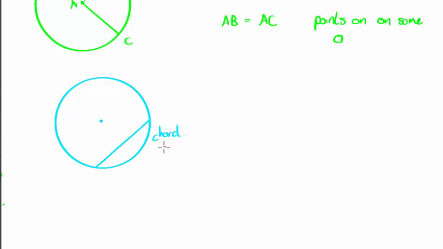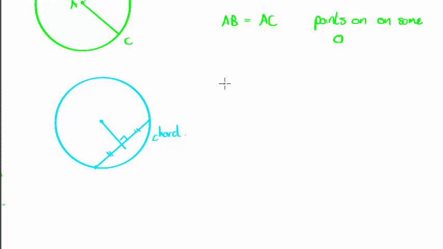A chord is a segment between any two points on a circle. If I now take a line from the center of the circle and cut the chord at a 90-degree angle, the theorem says that I will also halve the chord.